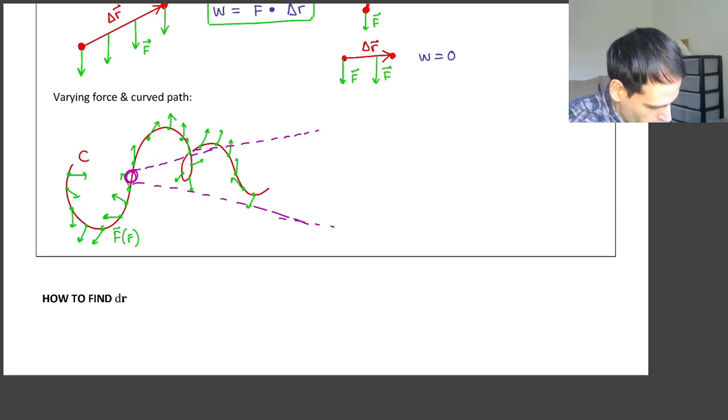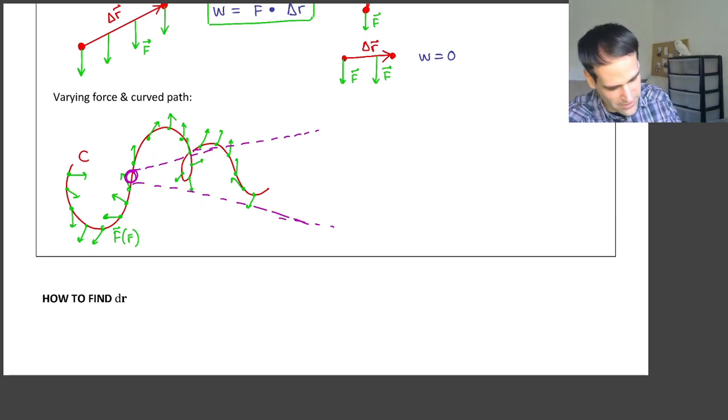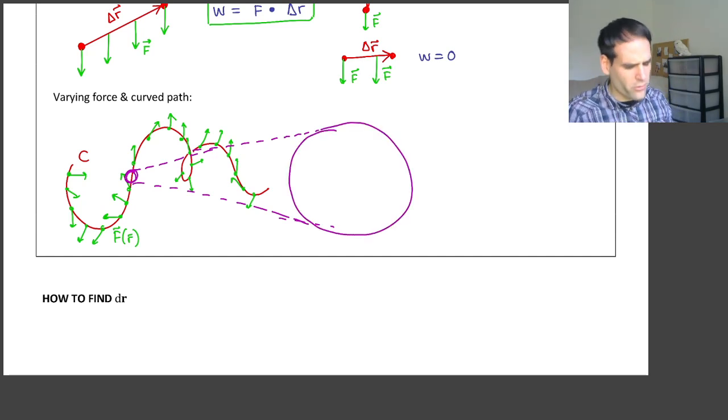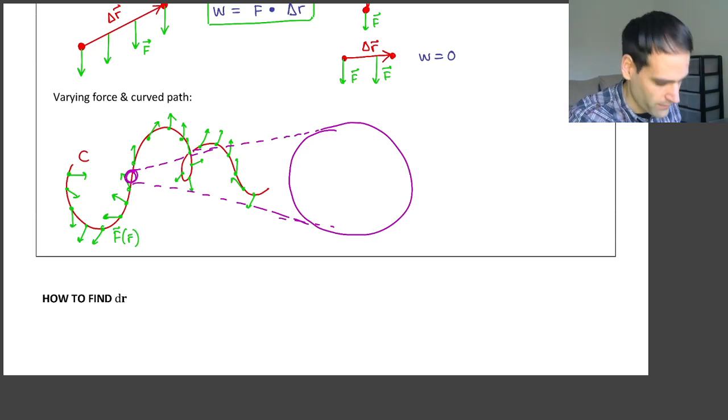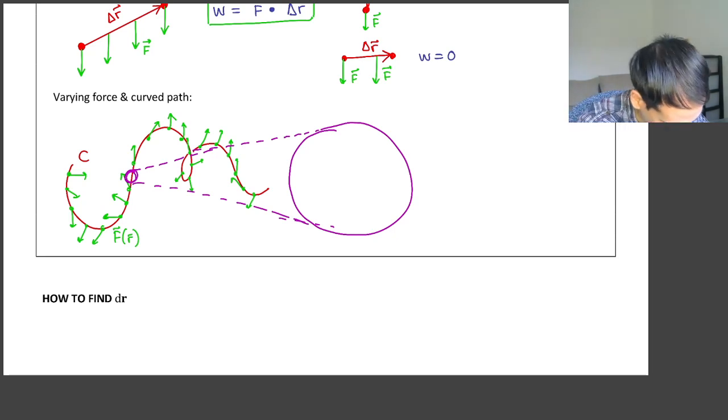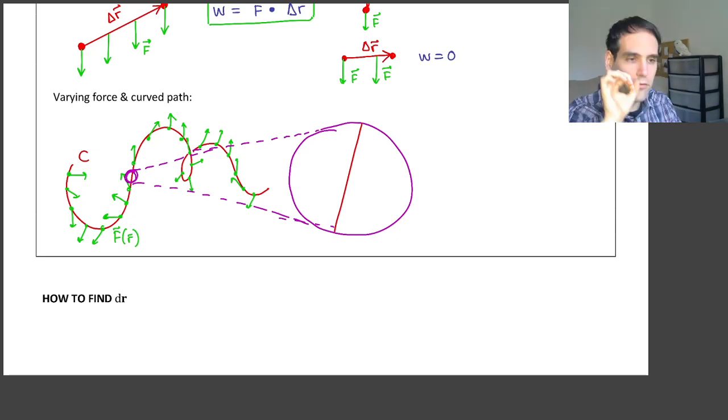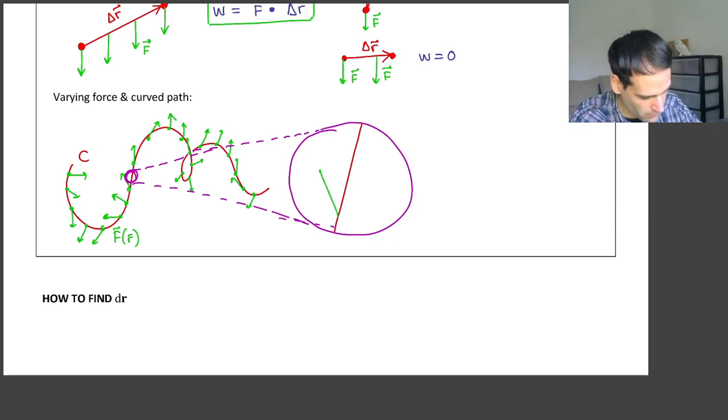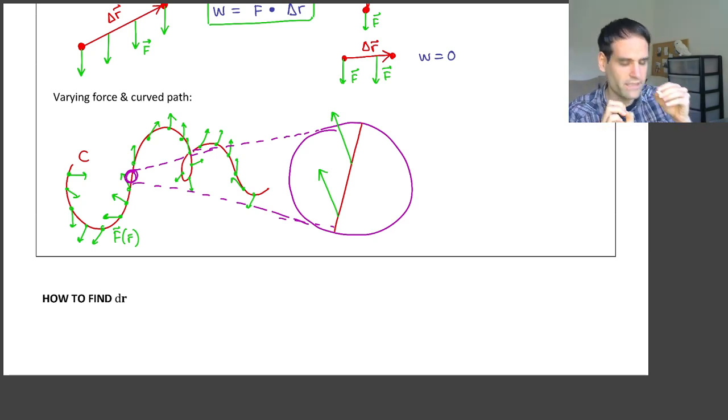Because we are going to divide this path into differentials. So now we are looking with this magnifying glass. So now the path is a straight line. And the force, since we are zooming in so much, the force is constant everywhere, right? Because it doesn't have time to change if we zoom in far enough, okay?